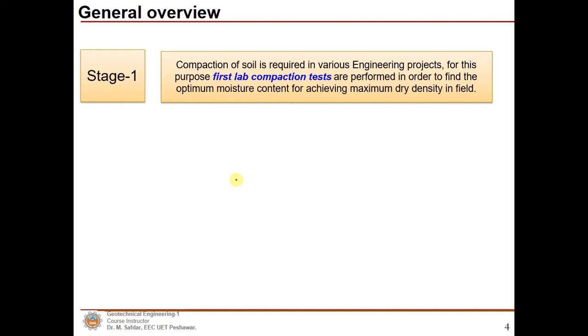So starting with stage 1 of the compaction process. The compaction of soil is required in various engineering projects, such as if we are constructing an embankment in the field. First, we need to conduct lab compaction tests, which are the standard Proctor test and the modified Proctor test.